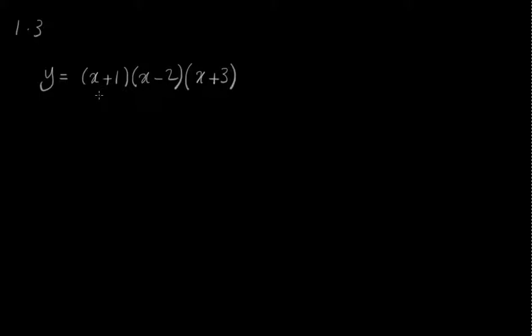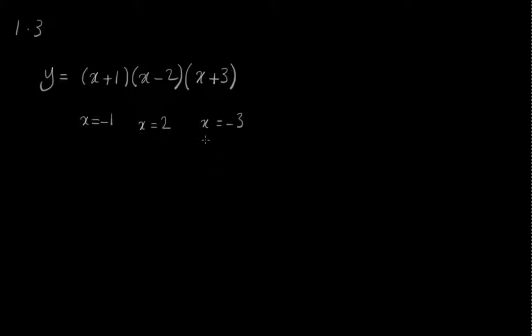What value of x makes x plus 1 zero? x being negative 1. For this one, x being positive 2, and for this one, x being negative 3. These are the three x-intercepts that we have.